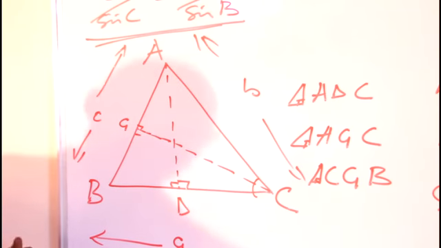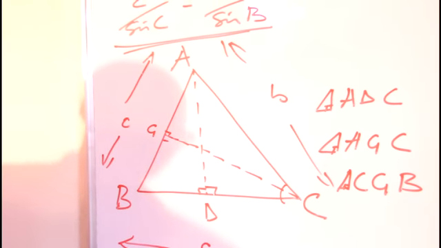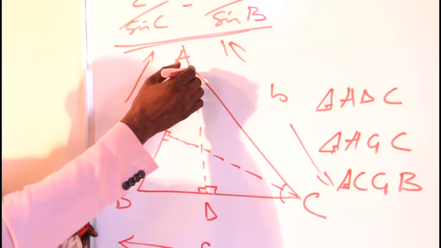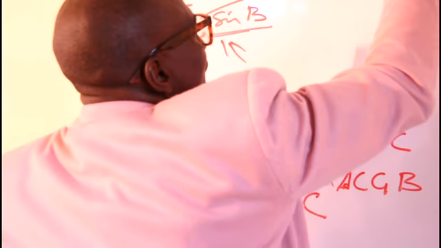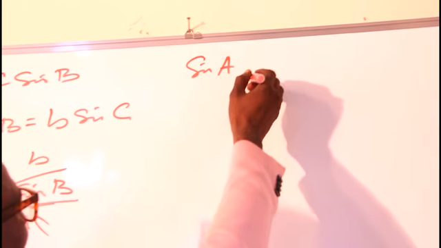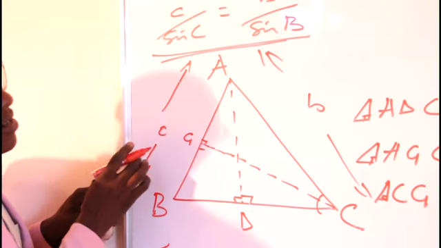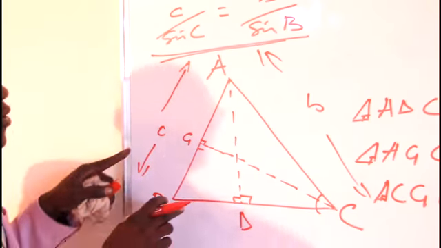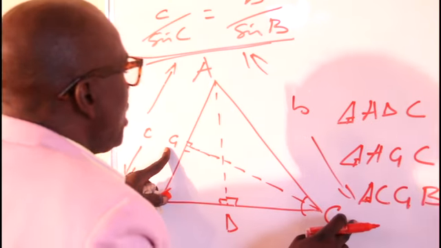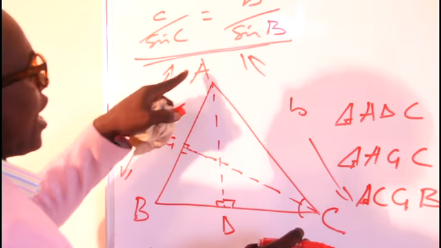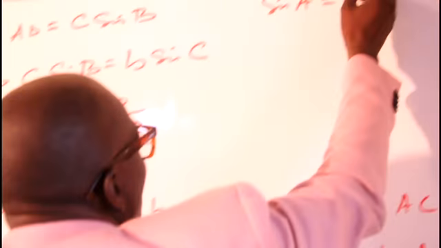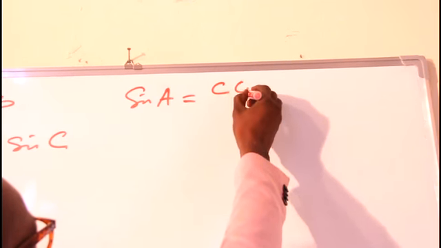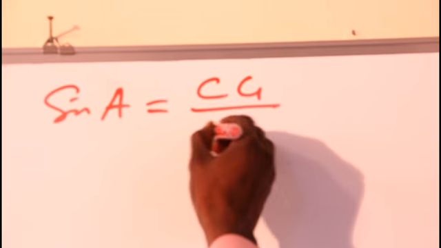If you look at AGC, we can take sine A. Sine of this angle will be equal to opposite over hypotenuse, that will be CG over AC.